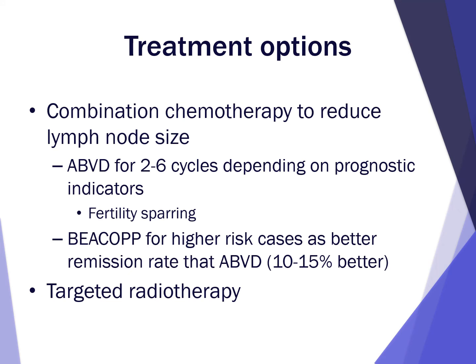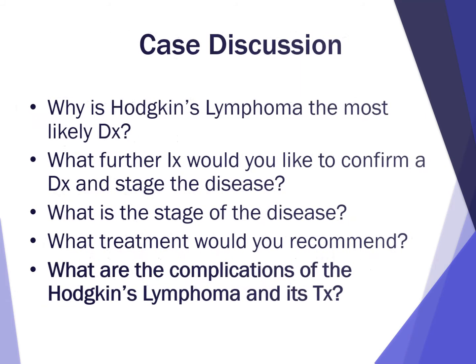The first is ABVD, consisting of doxorubicin, bleomycin, vincristine and dacarbazine. The second regime, BCOP, is used for higher risk cases, as for these patients it has a better remission rate than ABVD. Following the chemotherapy, the patient then receives targeted radiotherapy to further increase the rates of remission.